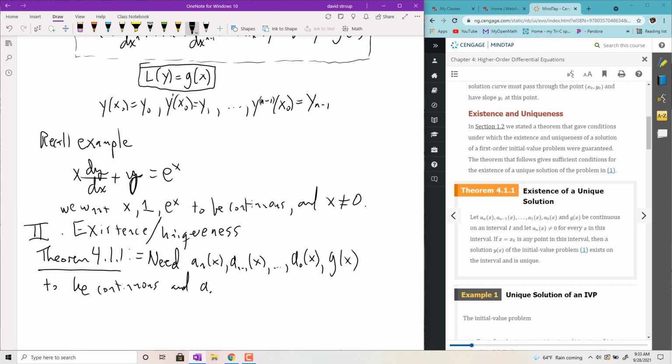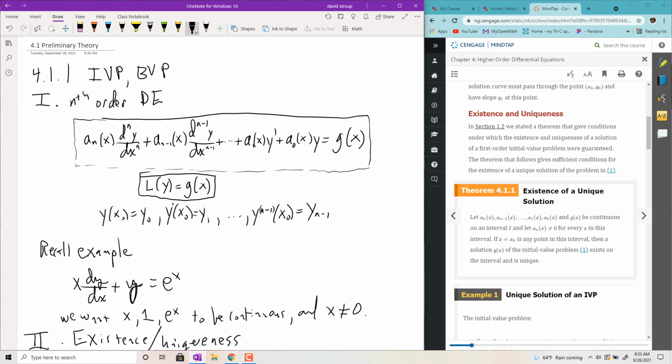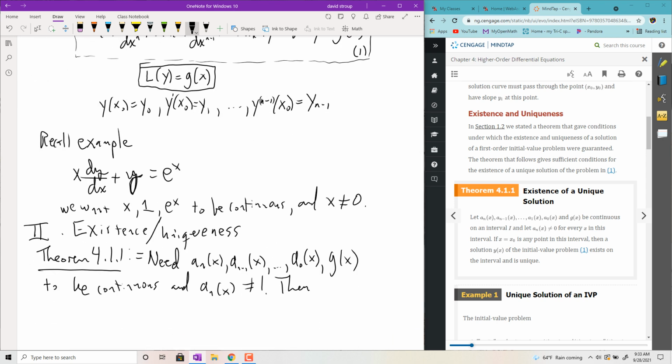And we need a sub n of x to not be equal to 0. And when all that holds, then this equation back here, let's call this equation number 1, has a unique solution.